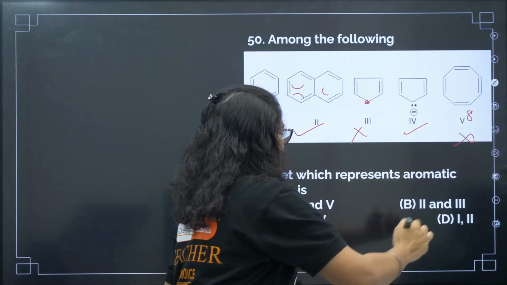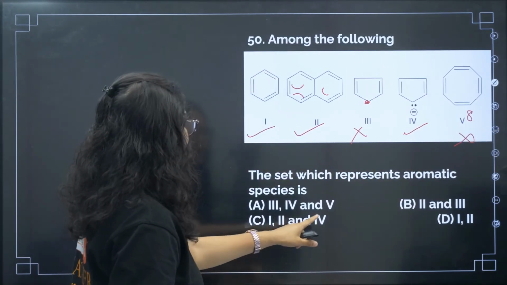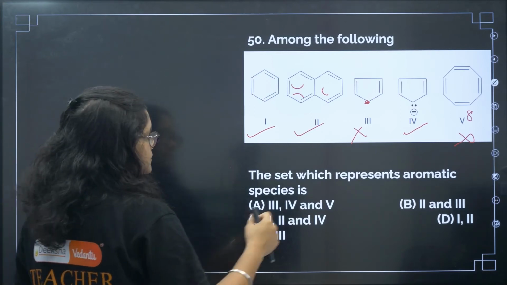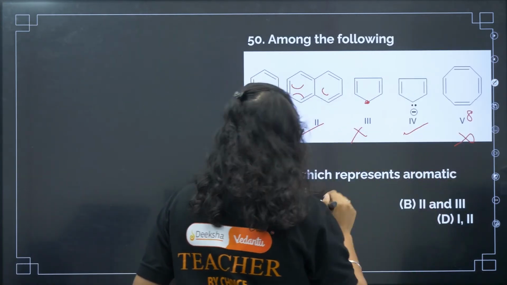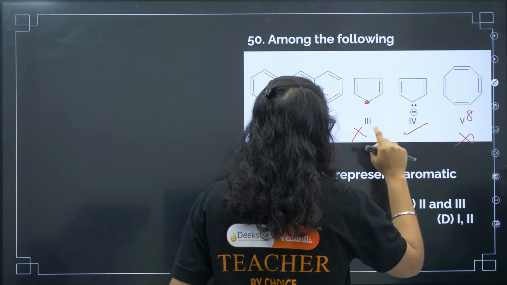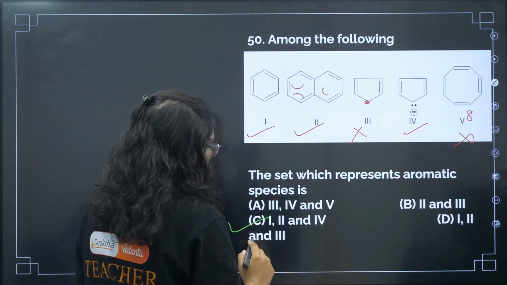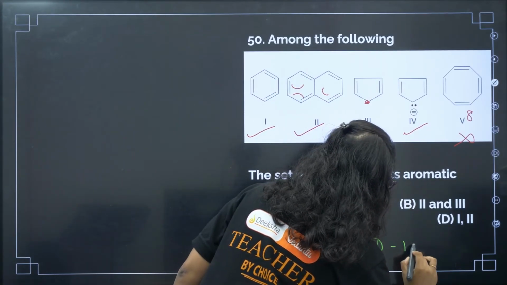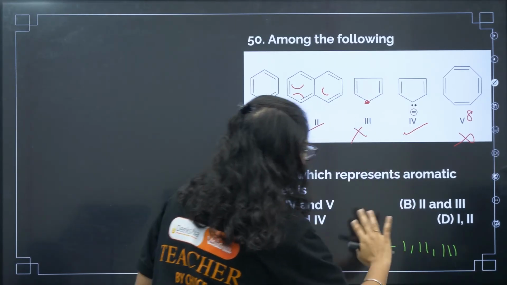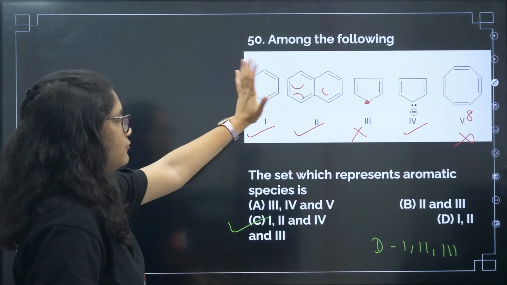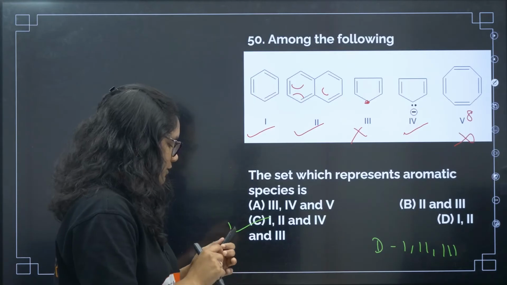So the correct answer is 1, 2 and 4, option C. Option D is 1, 2 and 3, a little typing error there. 1, 2 and 4 are aromatic, so the correct answer is option C.